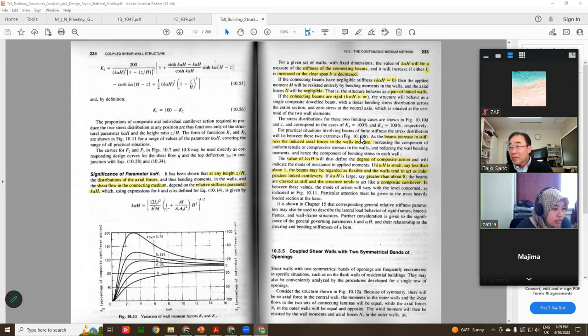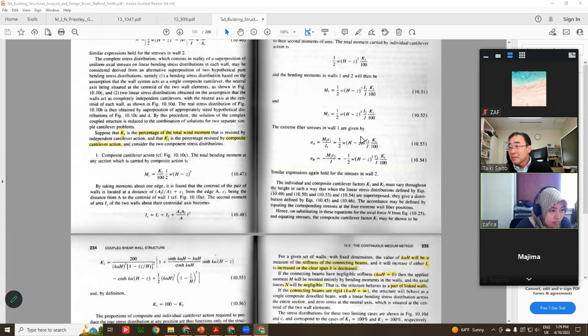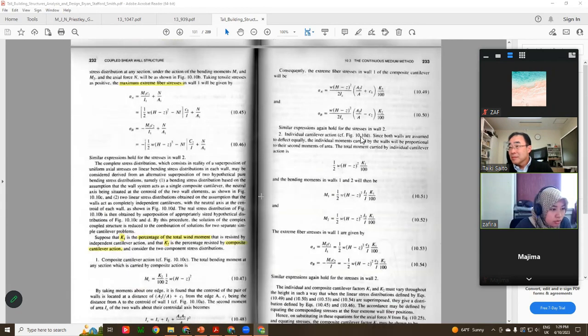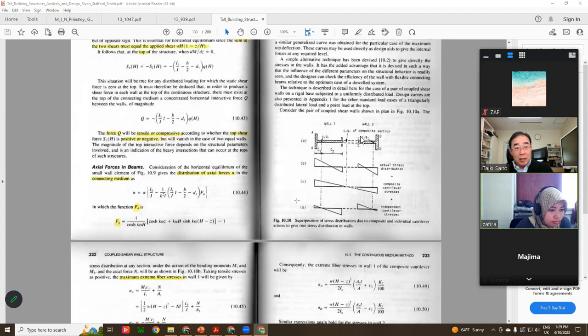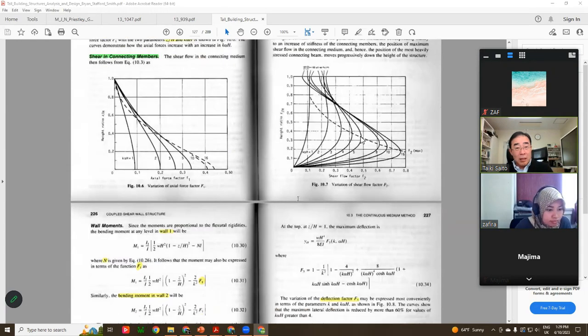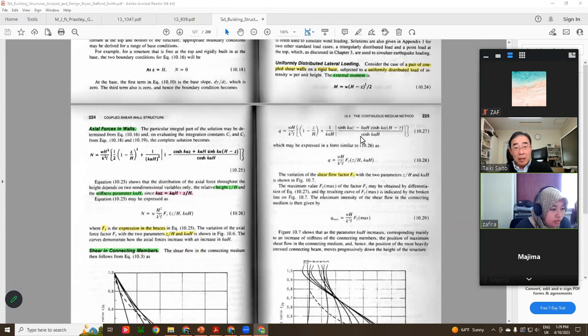K, H is the height of the building. A is, how can I say... I think K also comes from here.